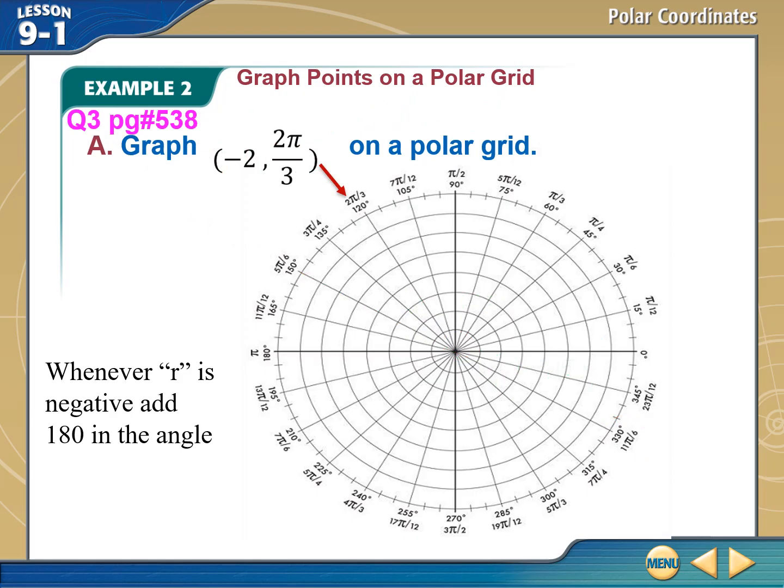Let's try this one: negative 2 and 2 pi by 3. First of all, try to find out where 2 pi by 3 is. So 2 pi by 3 is here. Ignore the negative sign: 2 and 2 pi by 3. So first circle, second circle. On the second circle you have the 2 pi by 3, this point. But this is not your answer. You have to go in the opposite direction along the straight line.